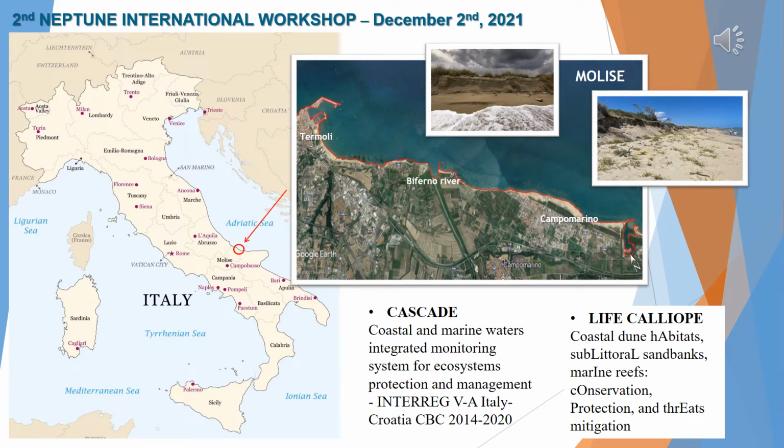The Interreg Italy-Croatia Cascade project aims at developing a series of concerted and coordinated actions, including monitoring and management aspects, to improve knowledge and to assess the quality and vulnerability of internal coastal and marine ecosystems in Italy and Croatia, with the ultimate goal of restoring endangered species and supporting integrated management.